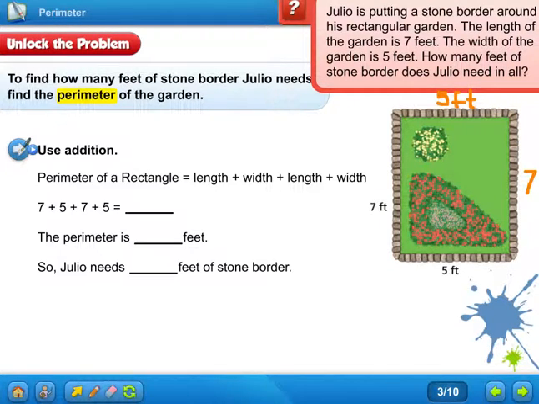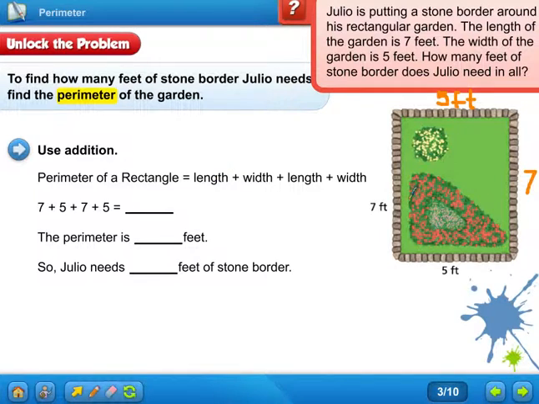One way to do that is to use addition. Perimeter of a rectangle equals length plus width plus length plus width. So we have the 7 feet plus the 5 feet, the 7 feet plus the 5 feet. Length plus width plus length plus width.